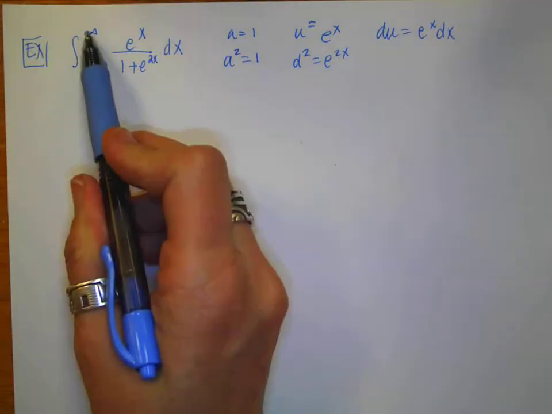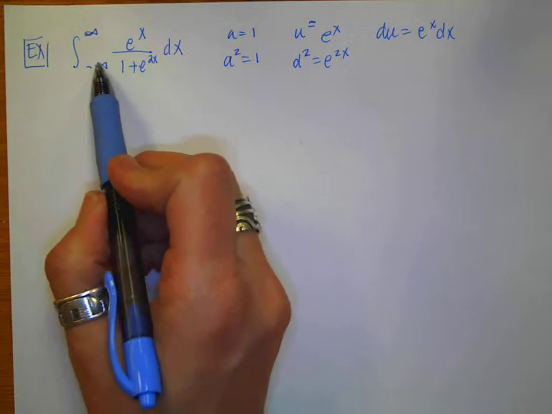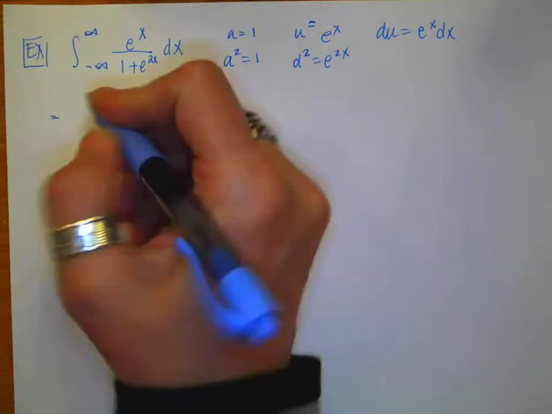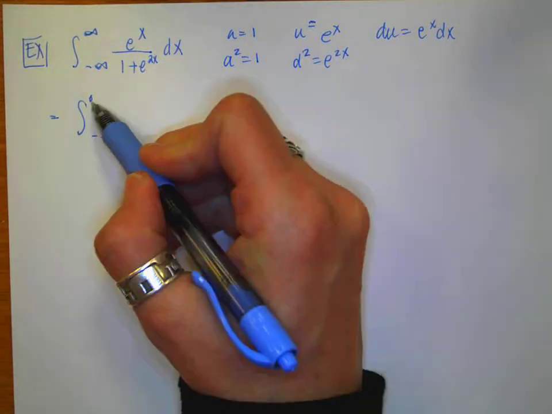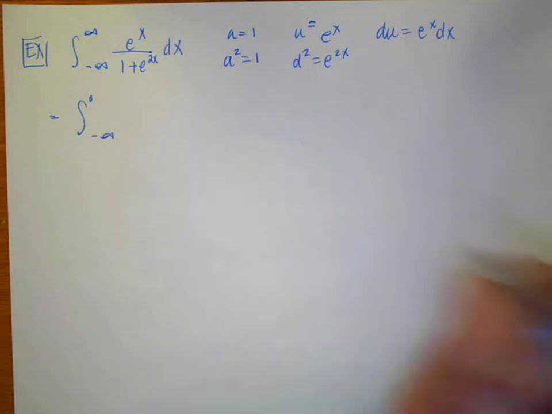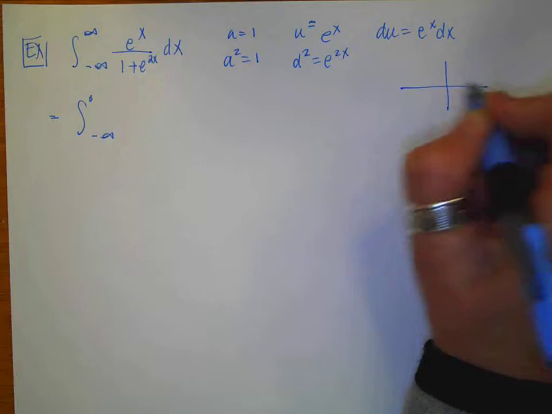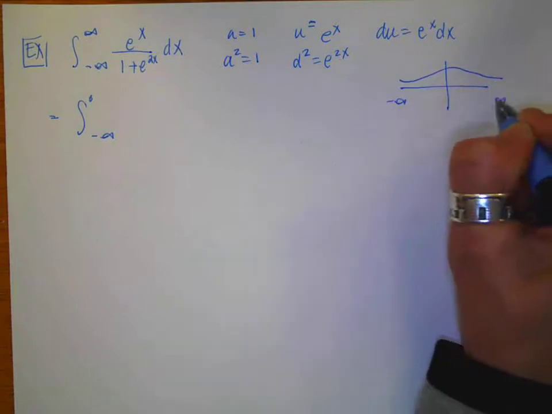Okay, so now I'm going from negative infinity to positive infinity, and so I'm going to break it up into two separate integrals. So this is going to be the integral from negative infinity to 0, and this is just a convenient value based on the graph that I didn't show you. And I think it actually looks a lot like the graph in the previous problem.